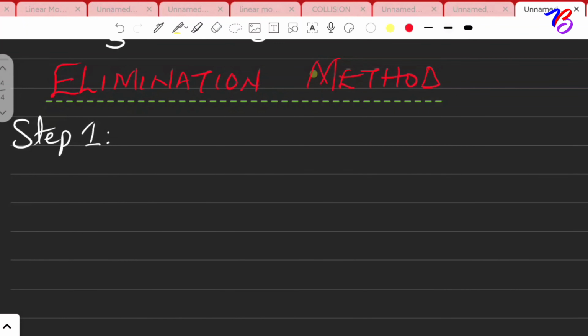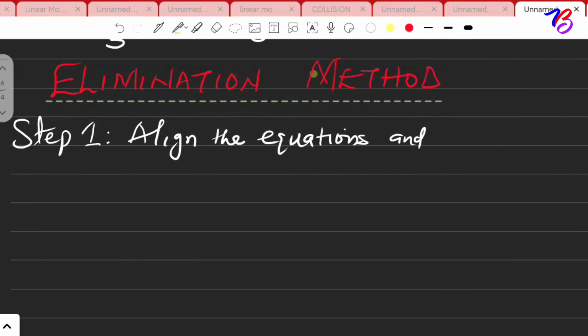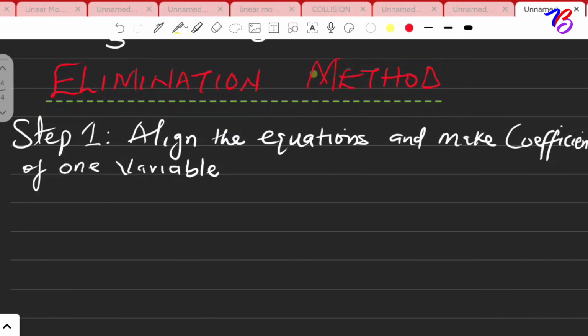So step 1, when solving problems using elimination method, you will have to align the equations and make the coefficients of one variable the same so you can eliminate. Coefficient is the number of the variable which is the unknown, x or y, so that you can cancel them out.